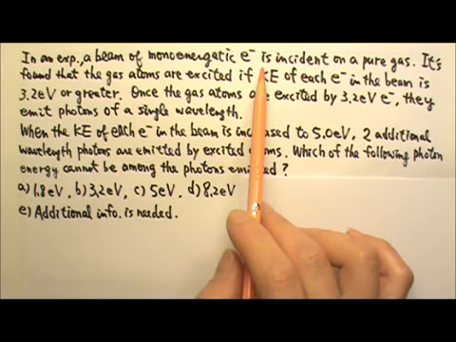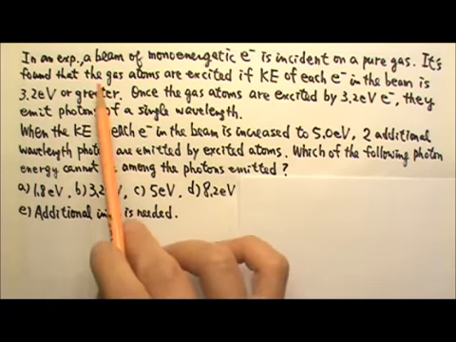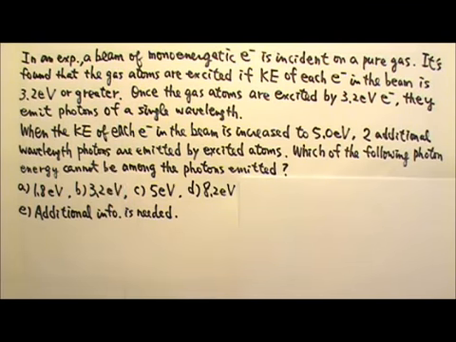When this happens, the energetic electrons can have more energy than the energy difference between the upper and the lower energy levels, because the incident electrons do not have to lose all of their kinetic energy to the atoms.